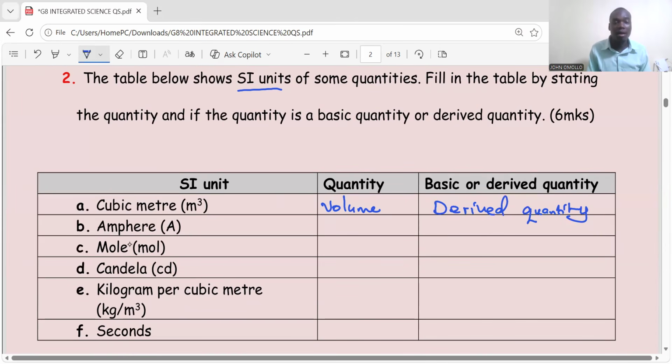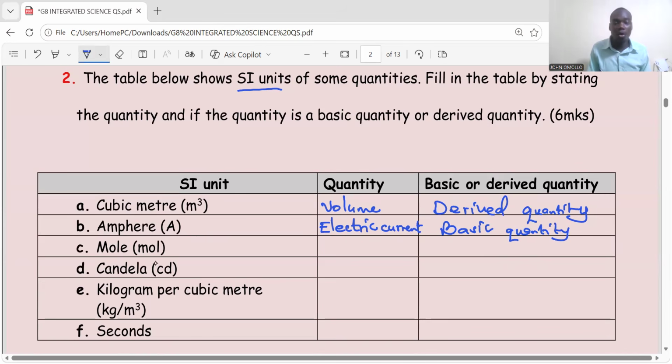Number 2, ampere. Now this one is for electric current. Electric current, that is a basic quantity. Basic quantity.